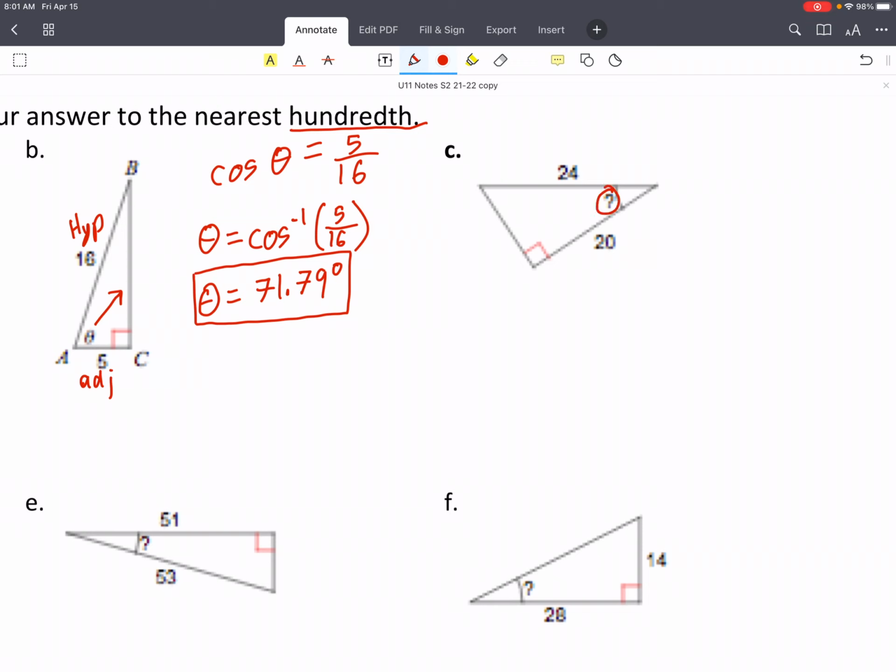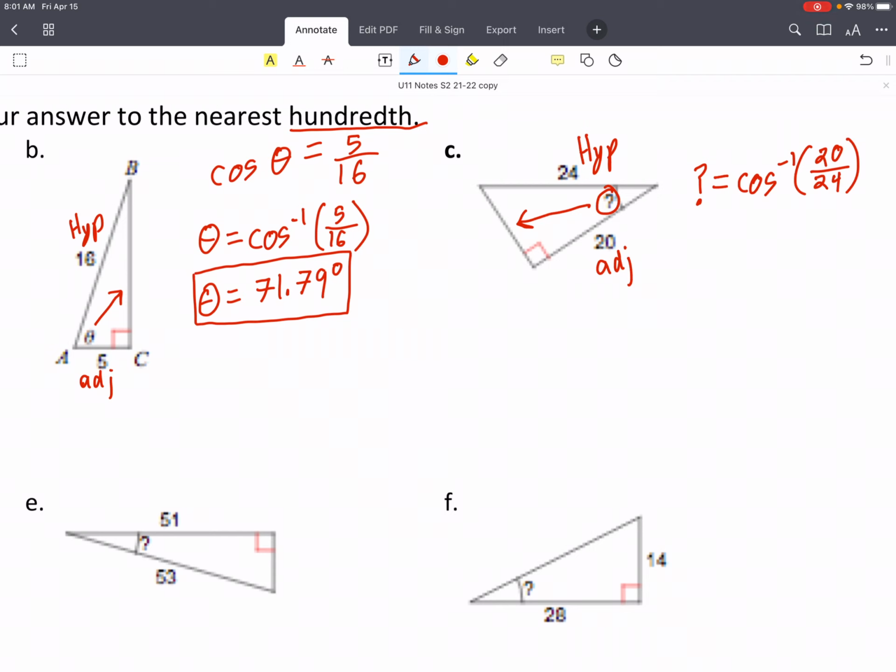We don't have our opposite, but we have our adjacent and our hypotenuse. So much like B there, we're going to be using the inverse cosine. So now I'm just going to skip a step. Since we're solving for our angle, our question mark is going to equal the inverse cosine of 20 over 24.